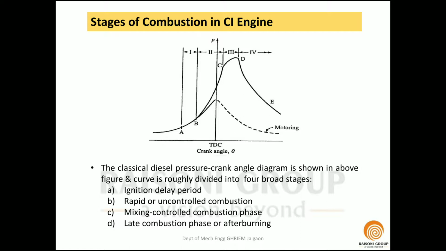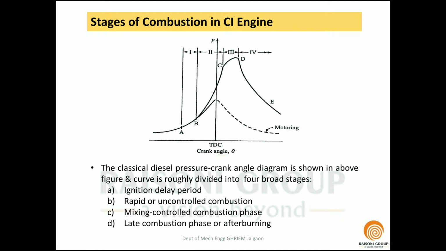On this P theta diagram we can see there are four stages: 1, 2, 3 and 4. Stage 1 represents the ignition delay period, which is represented by AB. Stage 2, given here by B, is also called rapid or uncontrolled combustion, represented by B to C. Stage 3, given by C, is also called the mixing controlled combustion phase.